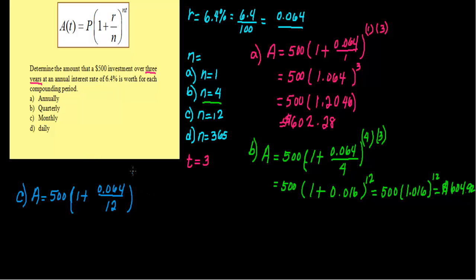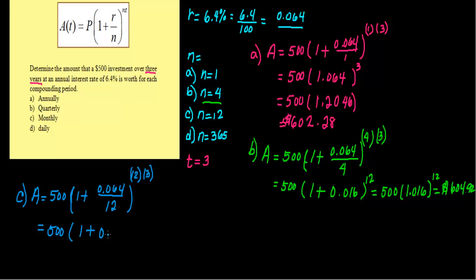So if we're going to do it monthly, that's 12 times a year for a total of 3 years. So I'm going to end up compounding 36 times. Okay? So 500 times 1 plus, and remember to divide this amount first, divided by 12.